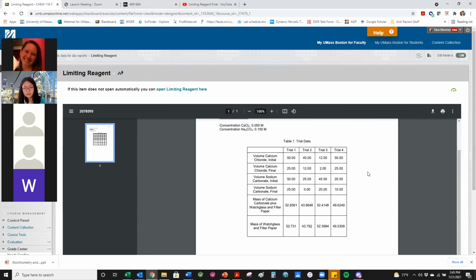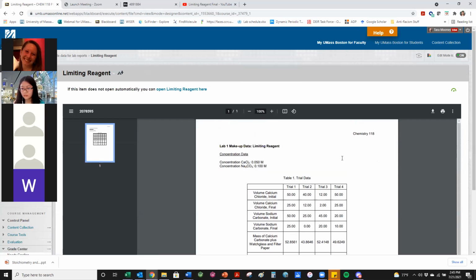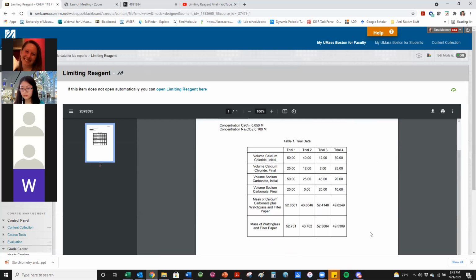So it starts with the volumes, okay? So volumes of calcium chloride used. So the initial and the final readings.